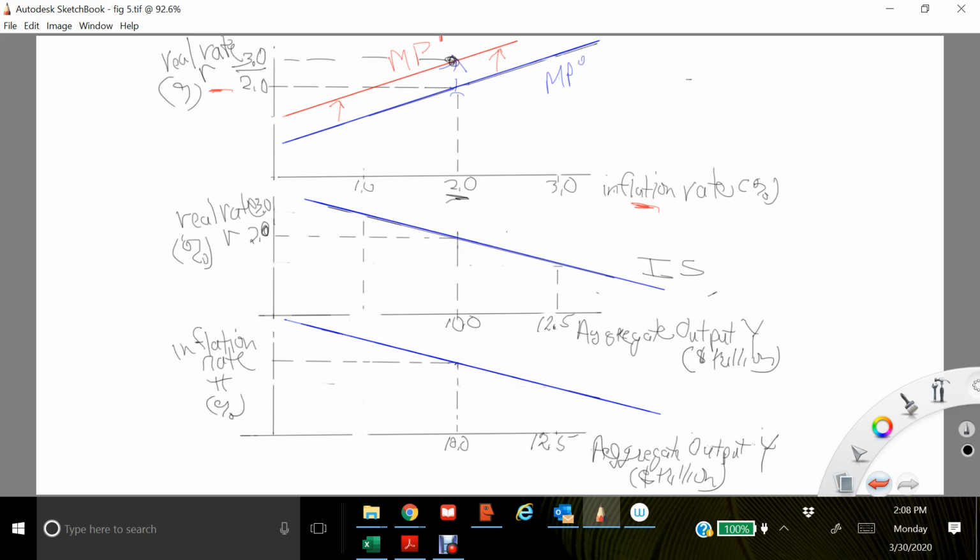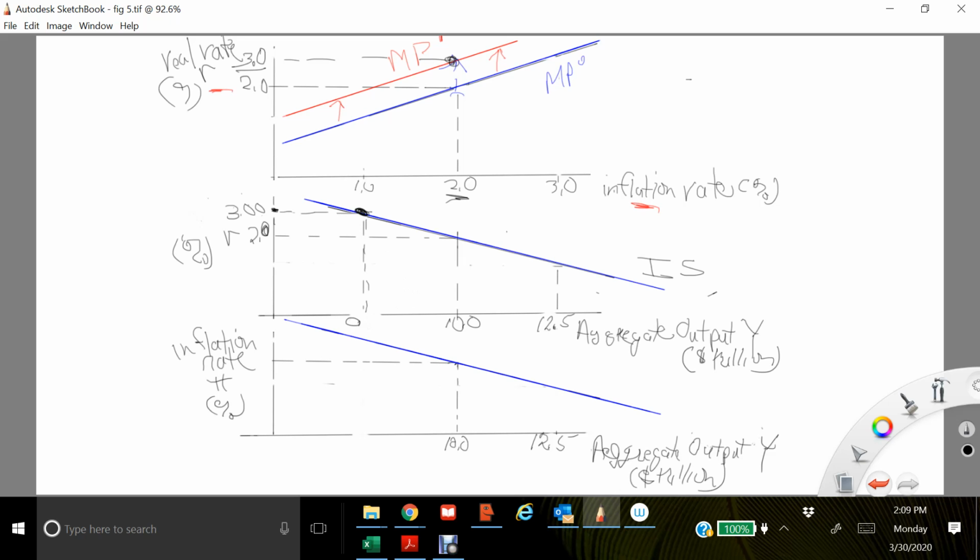This is our real rate. 3% would be here, and we read off what the equilibrium output would be.